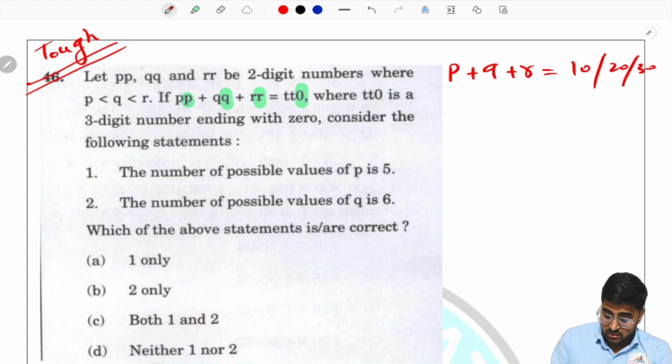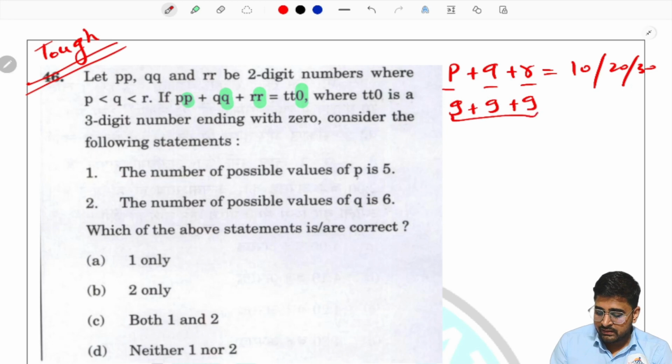Now, please pay attention. These are single digits, so the maximum possible value is 9. Let's put 9 in all of them. When you add them, the maximum possible value is 27.